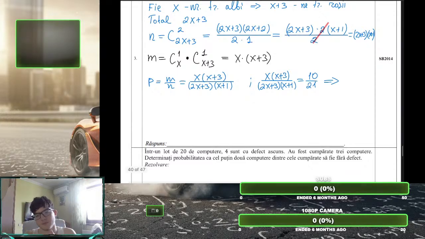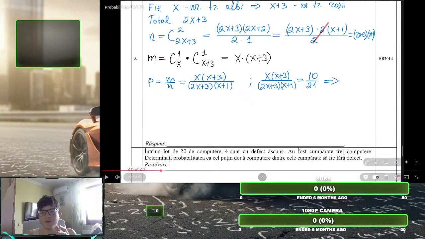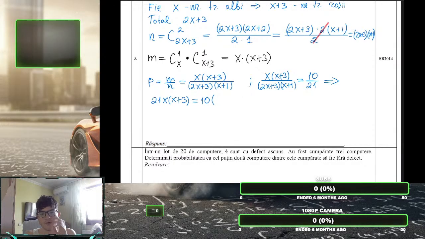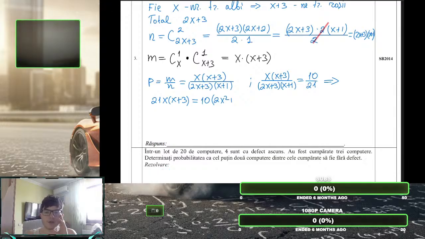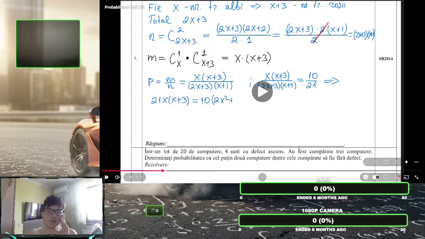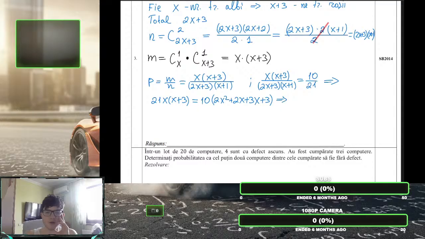So x to the second power plus 3x, all of that times 21 equal with everything, right? 21x, so we can also go like that, and then that to x to the second power, so we're gonna remove that initial double parenthesis, and we're gonna multiply and so on. 2x to the second power plus 2x, right, plus 3x plus 3, like so.